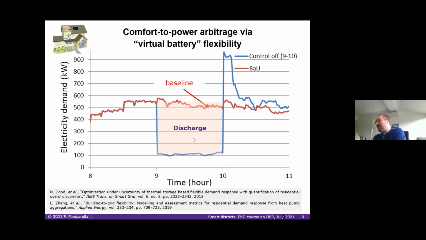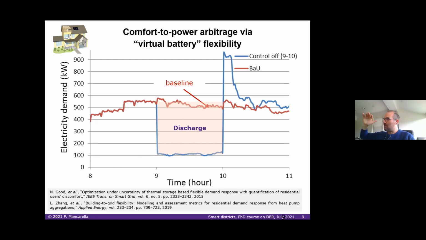However, as with a real battery, you need to recharge your system. Because, as we discussed, you are arbitraging between comfort and power, you discharge energy, so you do not consume energy, but your temperature is going up because the power you're using for cooling is no longer there.